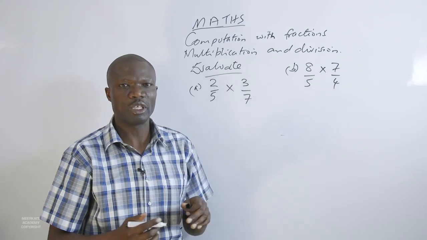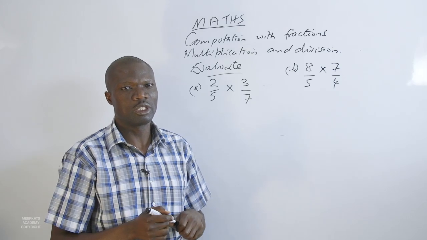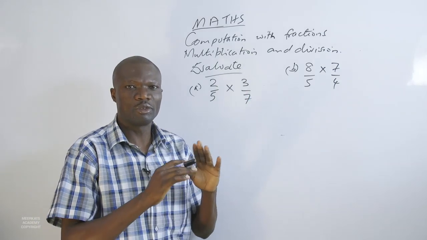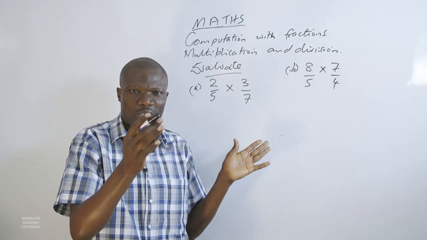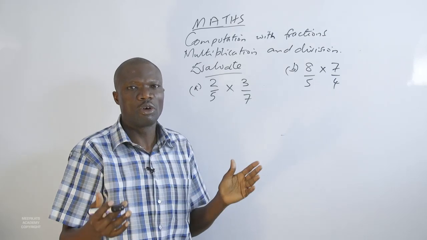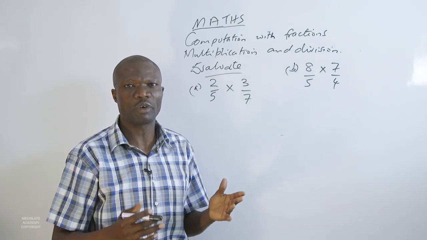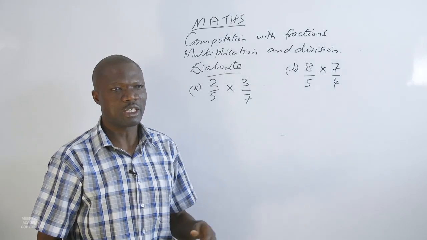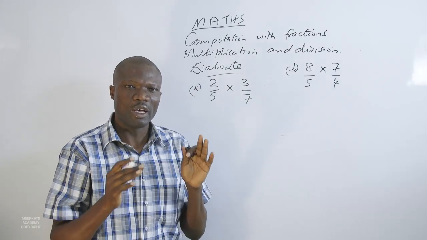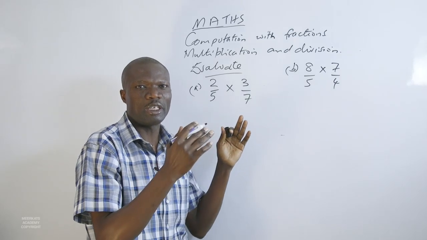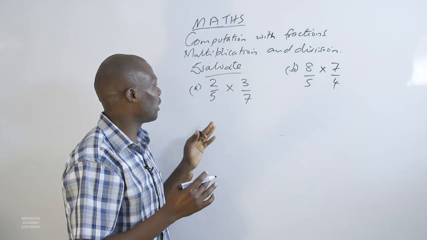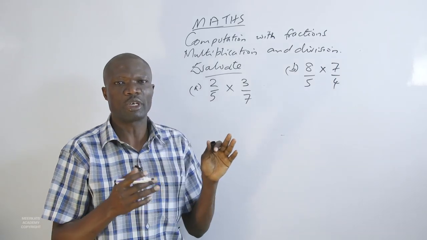So to work this out, as we saw earlier, in multiplication it is very simple. We multiply the numerators as well as the denominators, as we look for a common factor so that we can cancel where possible. For this particular case, we don't have any factor in the numerator or the denominator which looks alike so that we can cancel.